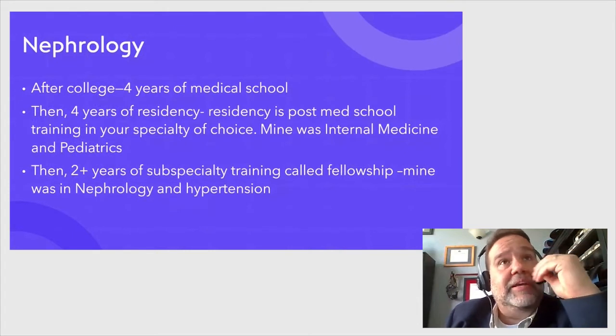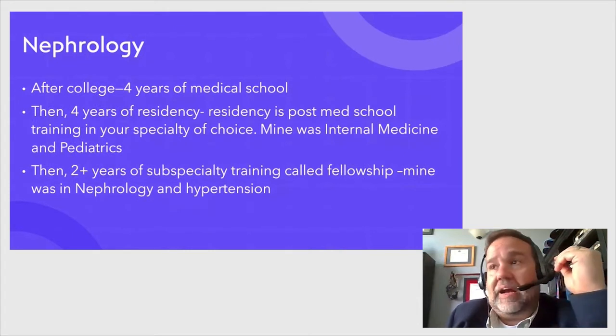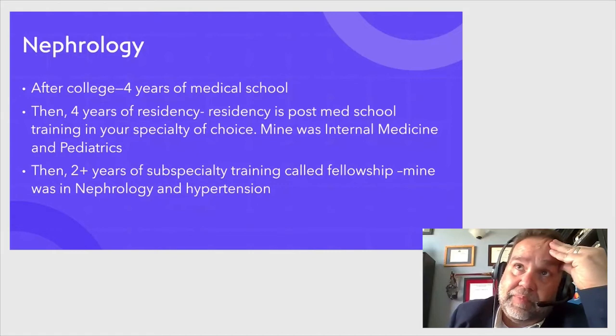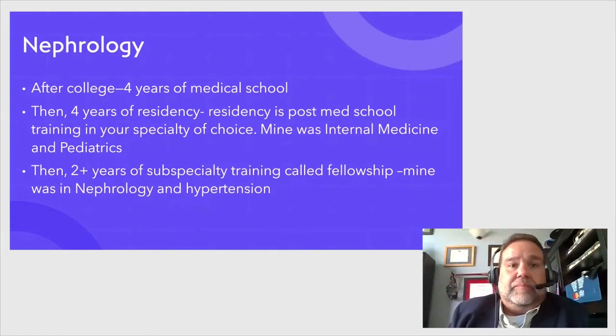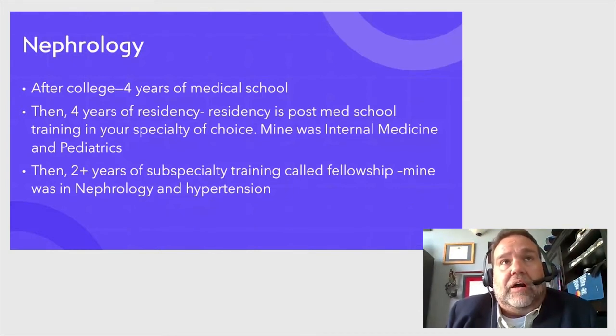But first of all, let me talk a little bit about how one proceeds from post-college to going into the medical field. After college, you do 4 years of medical school. And then residency, which is usually between 3 and 7 years, depending on your specialty of choice.